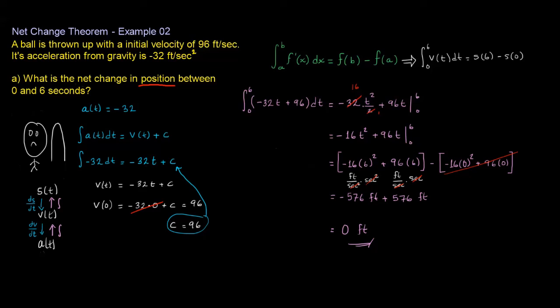The question was, what is the net change in position between 0 and 6 seconds? If the net change in position was equal to 0 feet, that is to say that we got back to where we started. As you can see from the diagram I drew on the left, the ball that you're throwing up is going to eventually come down. This is time 0, and here is time 6, and that's what happened. That's why the net change in position is equal to 0.